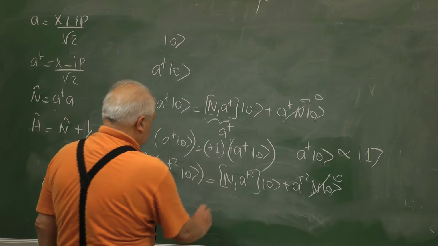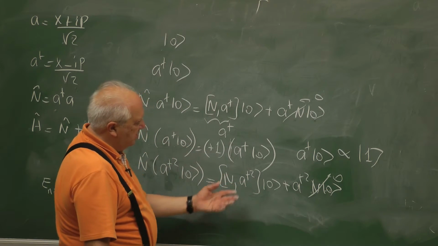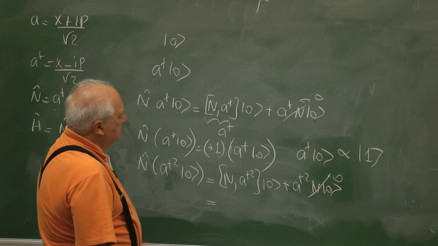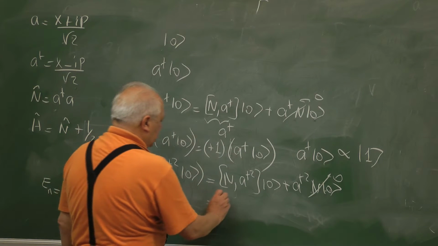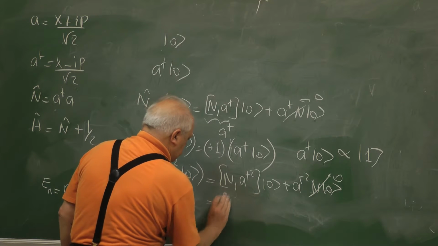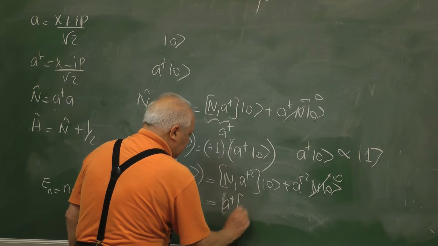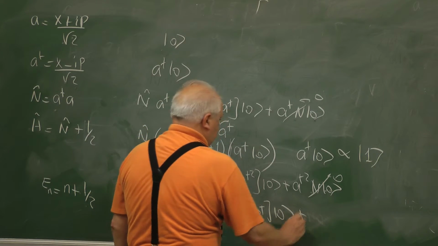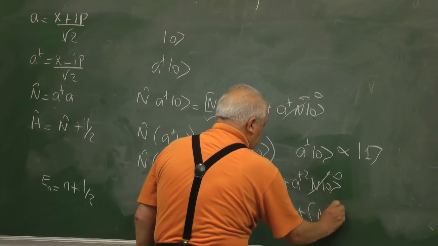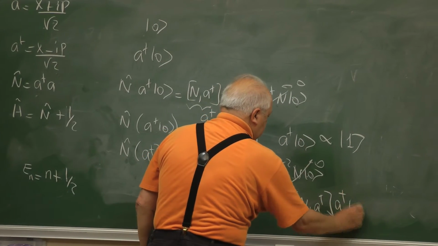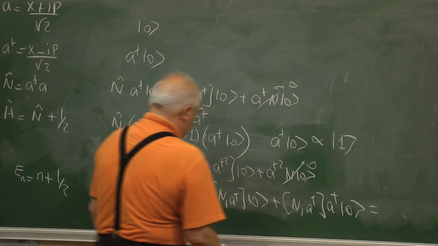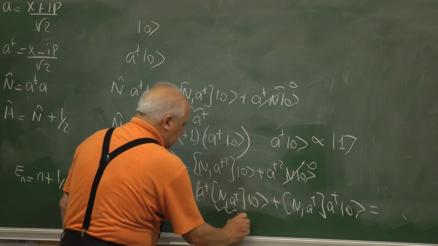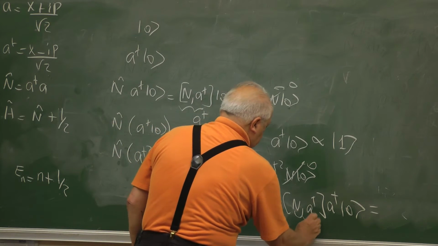Okay, and now this is a composite commutator. We break it up. So it is a dagger and a dagger 0 plus and a dagger 0 equals, this is a dagger, this is also a dagger.